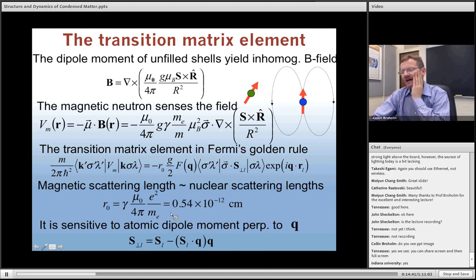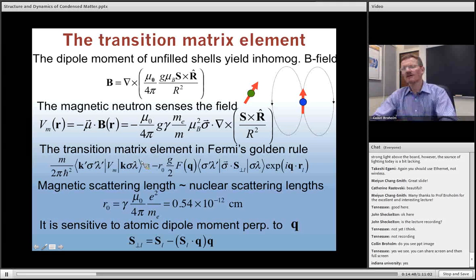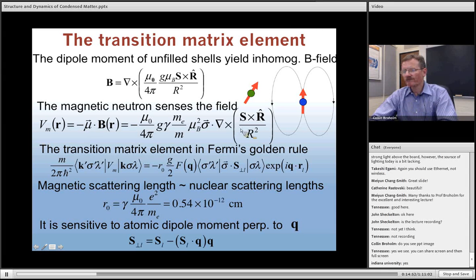Okay, now there's an important additional feature I want to mention already here, and we're going to see it throughout our discussions. And that is that when I take the Fourier transform of this curl of a cross product, then essentially what happens is that this curl operator ends up becoming like a momentum transfer operator.